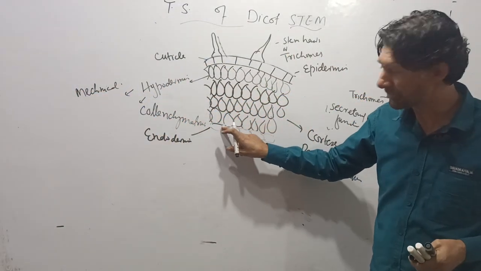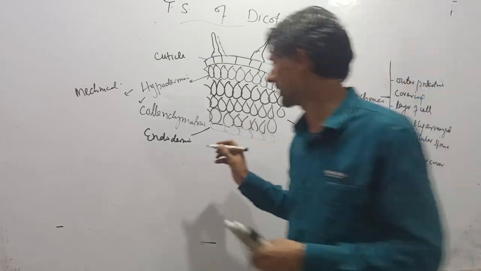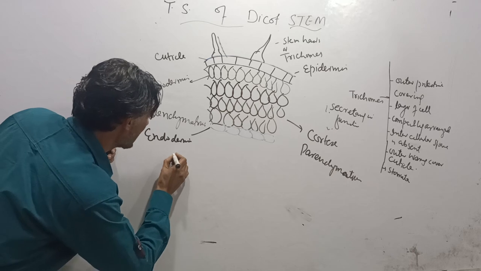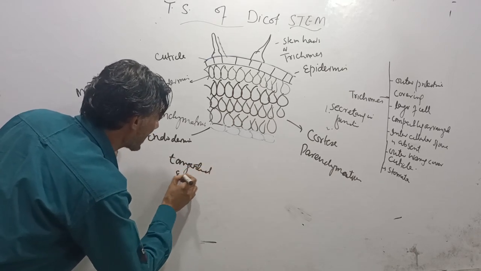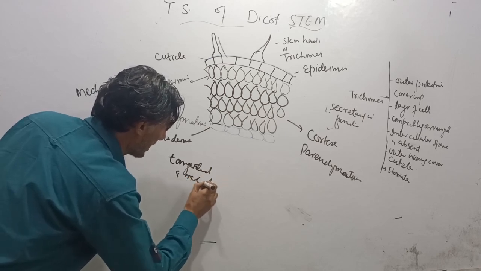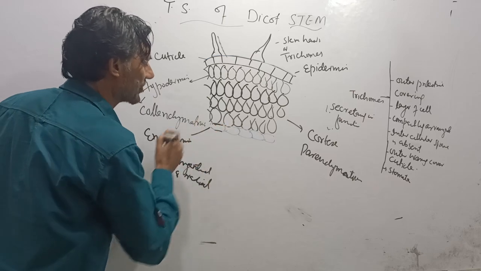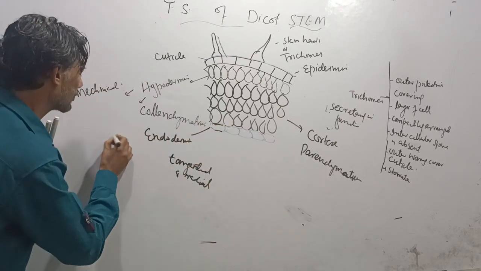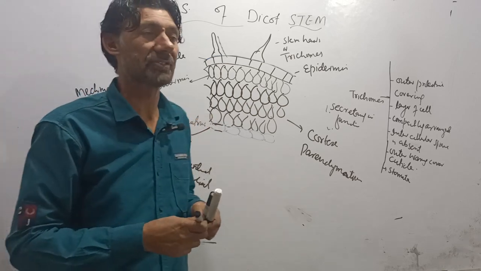In the endodermis we can see the cells' tangential and radial walls. The radial walls of the cells get deposited with suberin, and because of this deposition of suberin, they become thick.